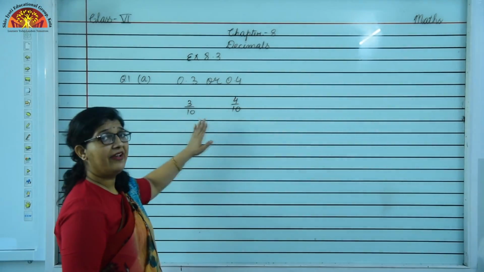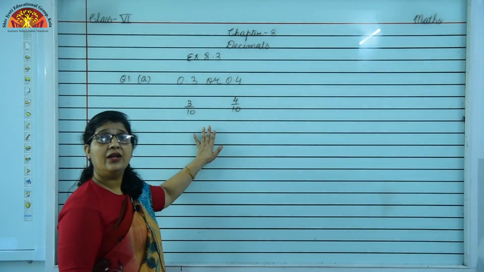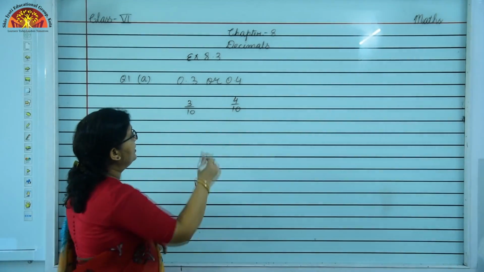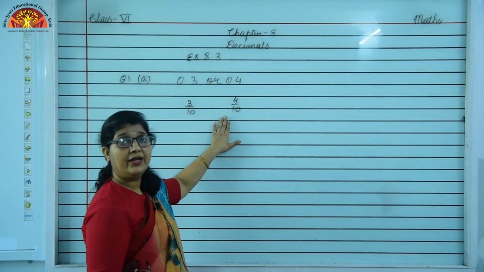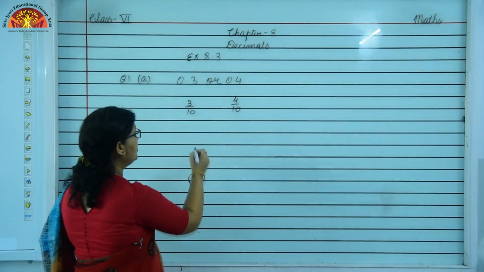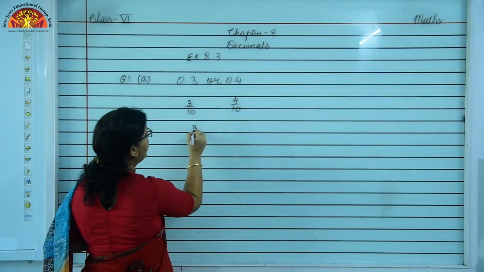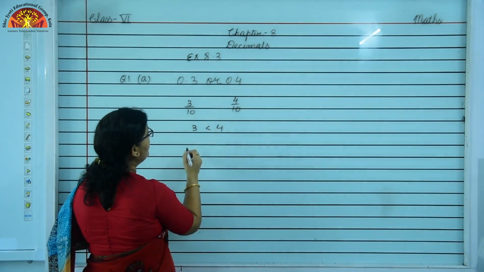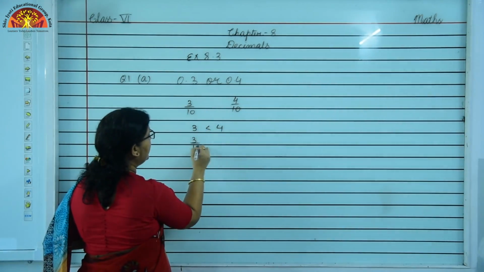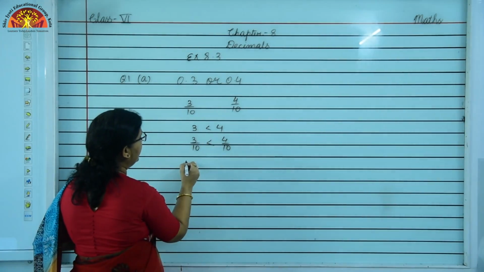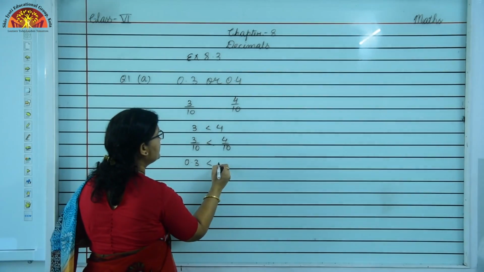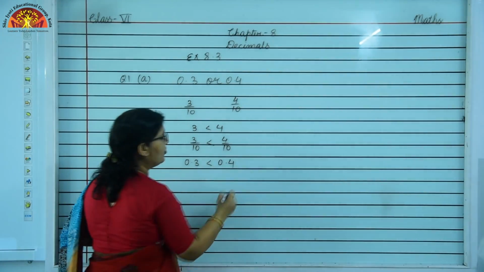Now both are like fractions, so we compare their numerators. 4 is greater, so 4 upon 10 is the greater number. Understood? So we compare their numerator. 3 is less than 4. So 3 upon 10 is less than 4 upon 10, and finally 0.3 is less than 0.4.